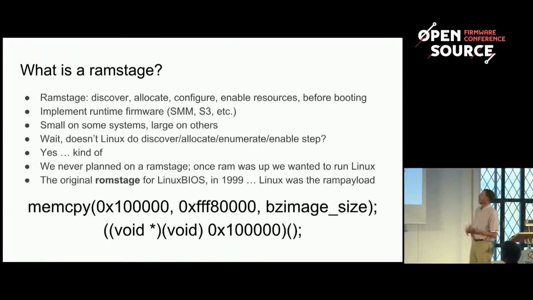The function of the RAM stage is to discover, allocate, configure, and enable resources roughly before booting. I left one thing out: have some means of communicating the information to the payload. It can also, and this is more recent, implement runtime firmware, SMM or S3. The first 8 years, this wasn't a thing, but since 2007 or so, it has been.